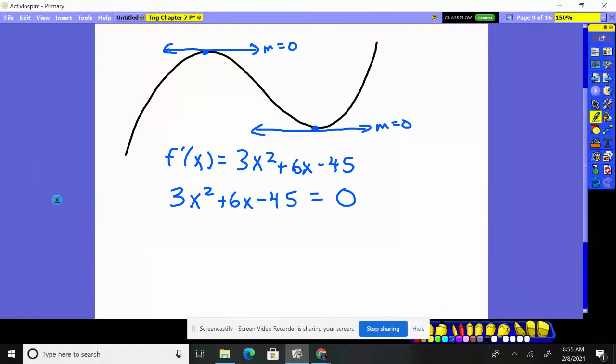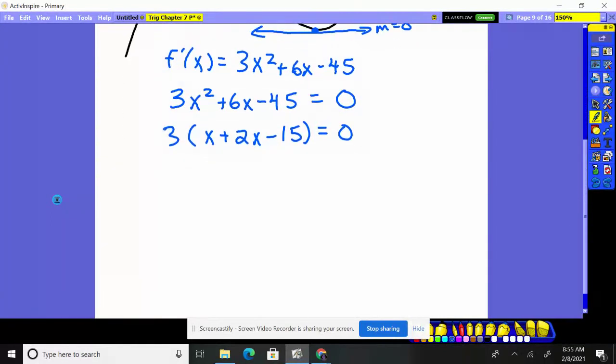Now, this looks complicated, but notice that 3 factors out. That probably is going to make life a lot easier. 3 times what? 15. Now, technically, you could divide by 3 and it'd get rid of it. So really, the 3 is not in play here. We're concentrating on the x squared plus 2x minus 15.